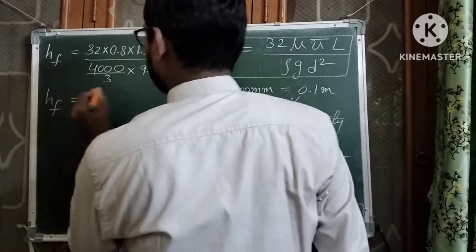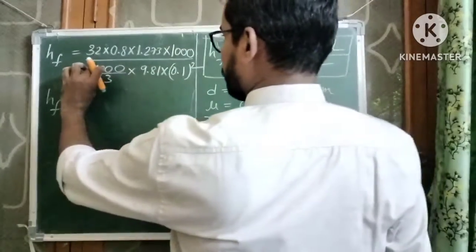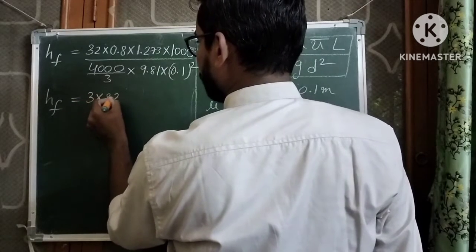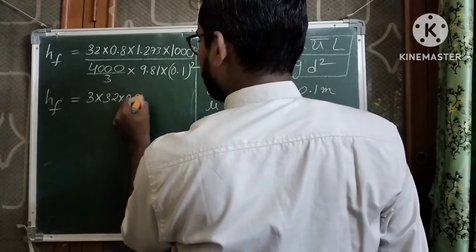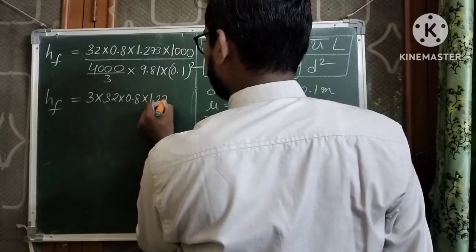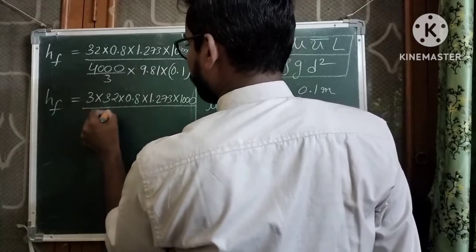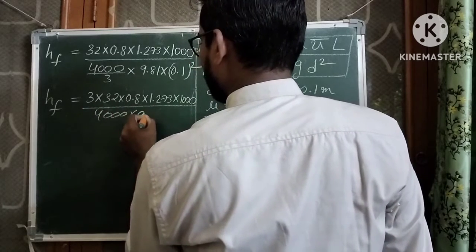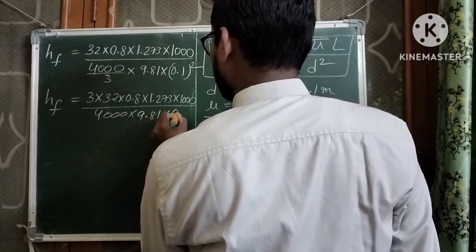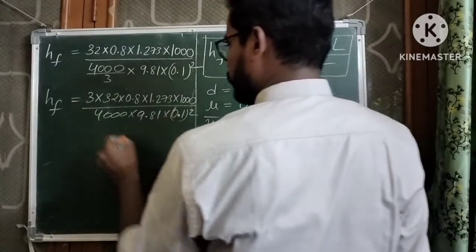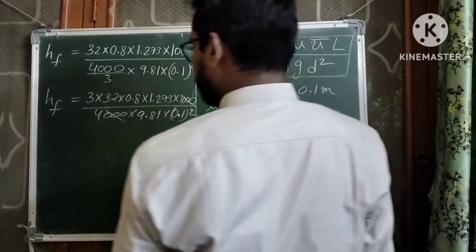So reciprocal of 4000 by 3 is 3 by 4000, so 3 into 32 into 0.8 into 1.273 into 1000 by 4000 into 9.81 into 0.1 whole square. 3 zeros get cancelled.